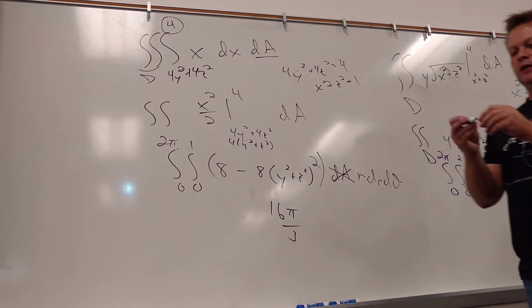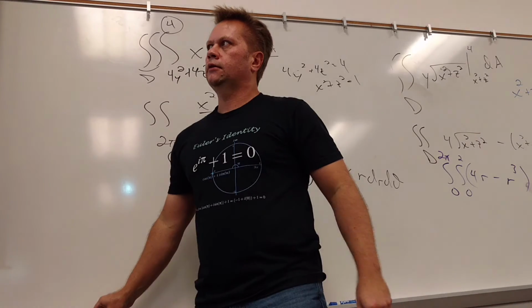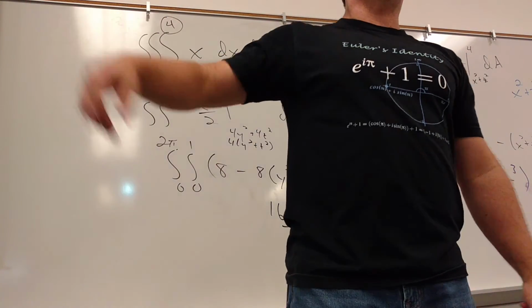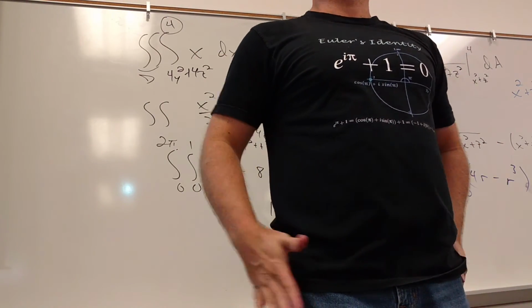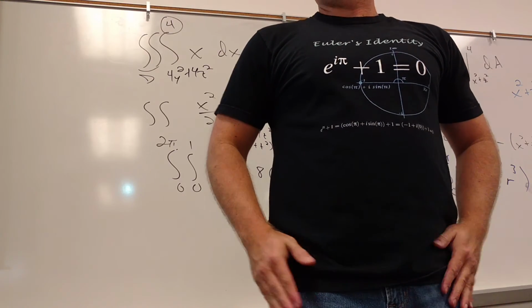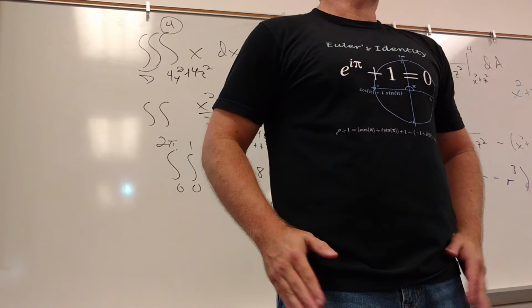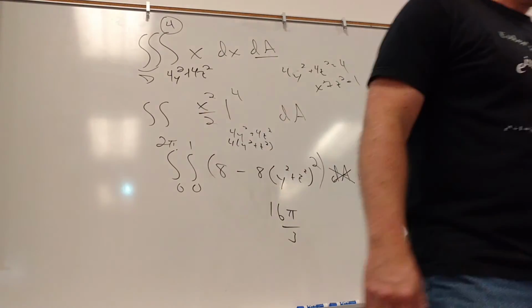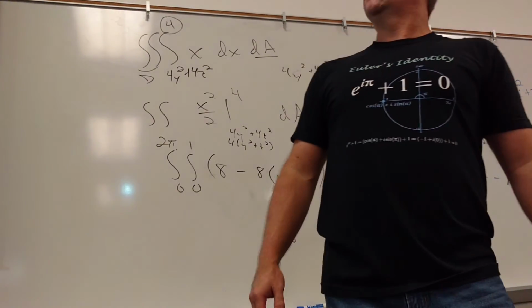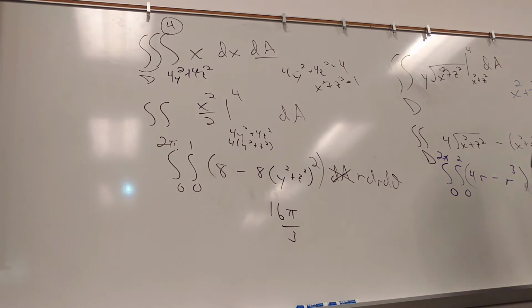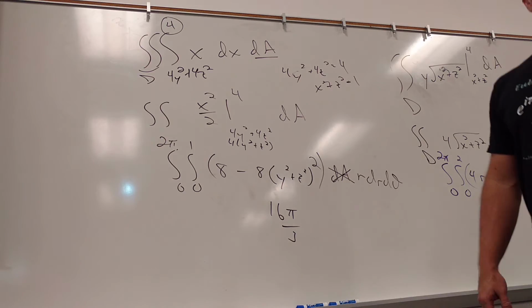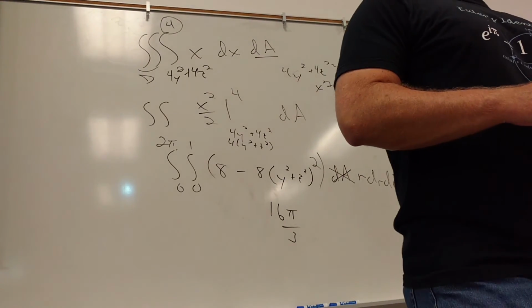Oh, I like number 13, yeah. So 13 we'll do all the way out, but you guys try it first. If you have the book, it's on page 1077 in my book.